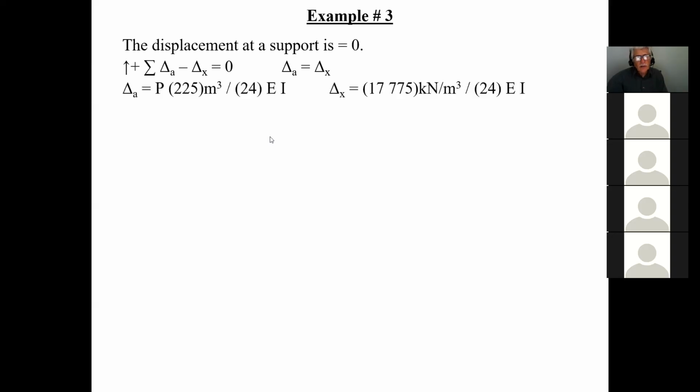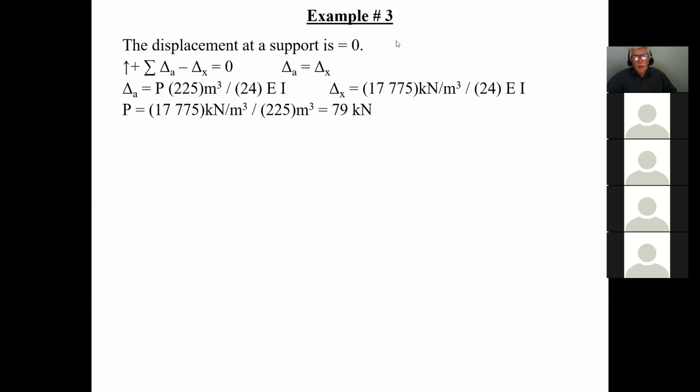And since that's the case, you know that this is the deflection caused by the concentrated load. This is the deflection caused by the distributed load at that point along the beam. Therefore, I can equate this to this. So I put everything in terms of P, and I get P is equal to 17,775.